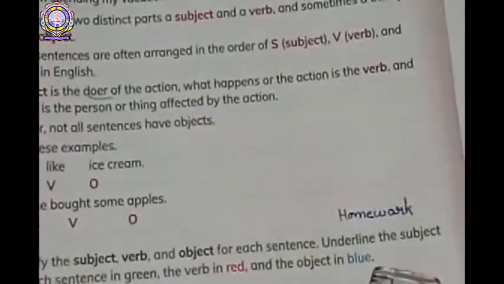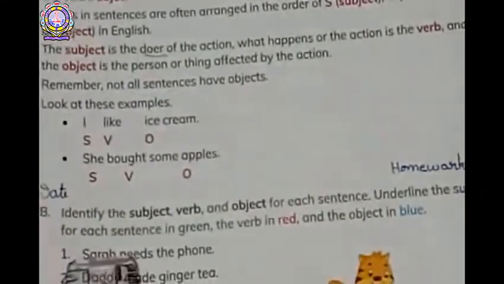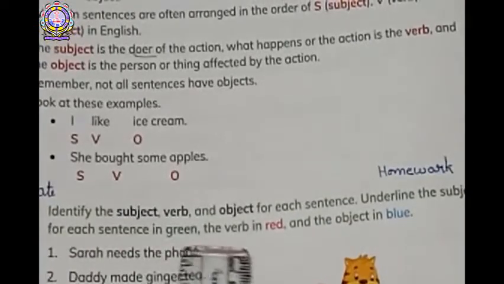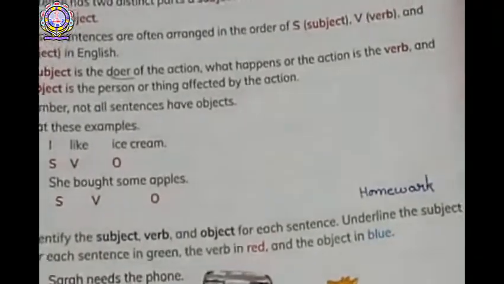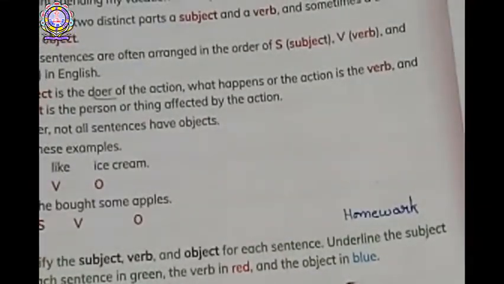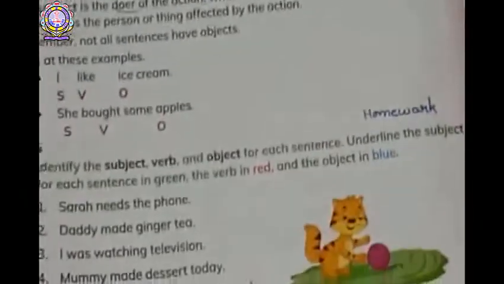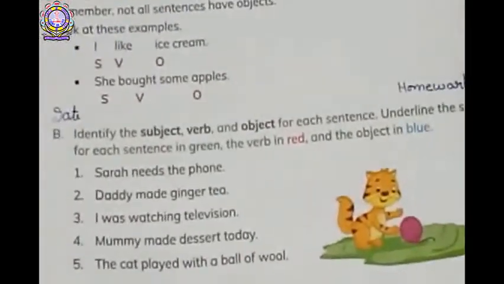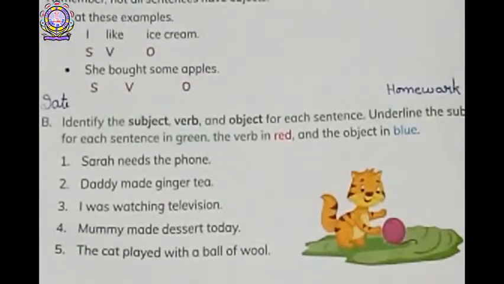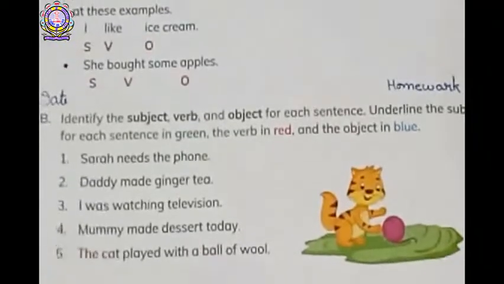Underline the subject for each sentence in green, the verb in red and the object in blue. So that's our homework. I think you finished it. So let's see what you did.